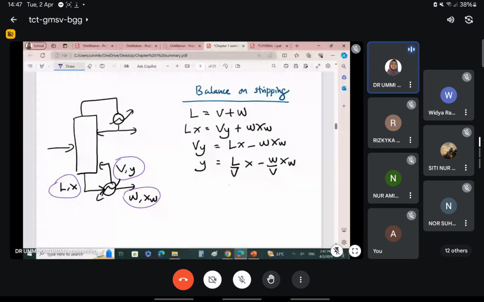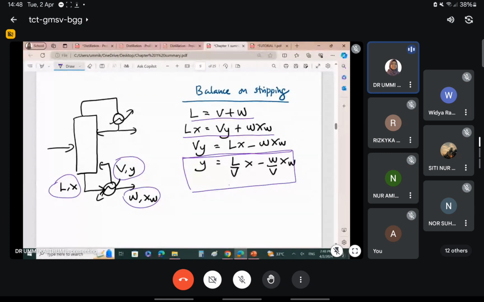Okay, so the balance is L is equal V plus W. So Lx is equal Vy plus WxW. Okay, susun. Jadikan y kat depan. So you akan dapat equation for stripping. y is equal L over V x minus W over V xW.